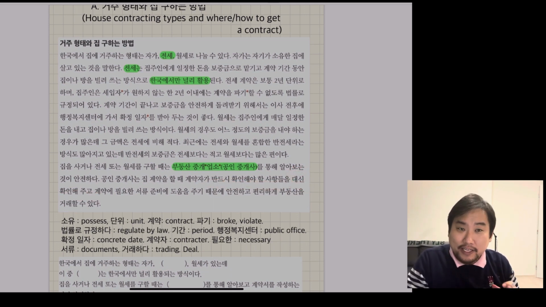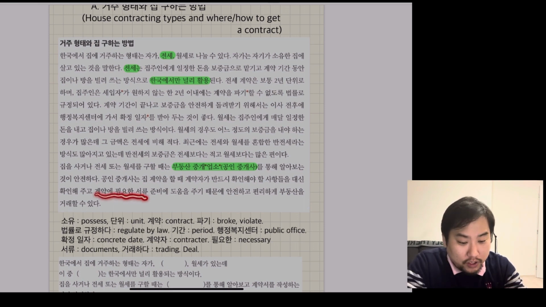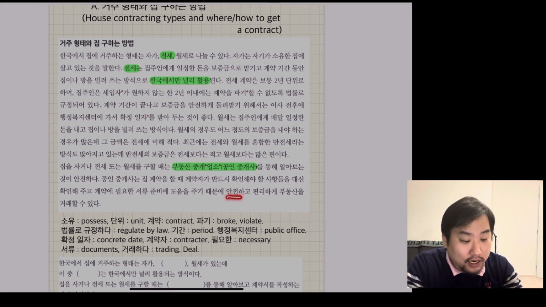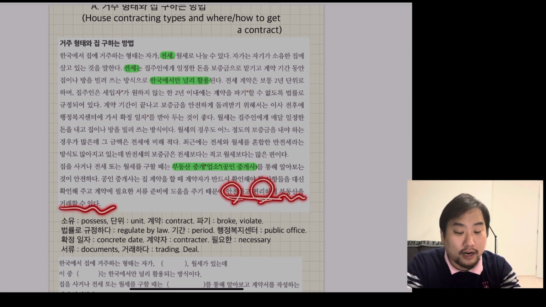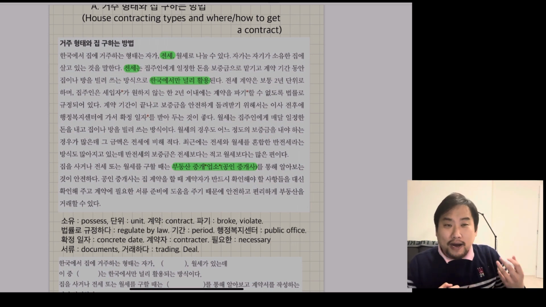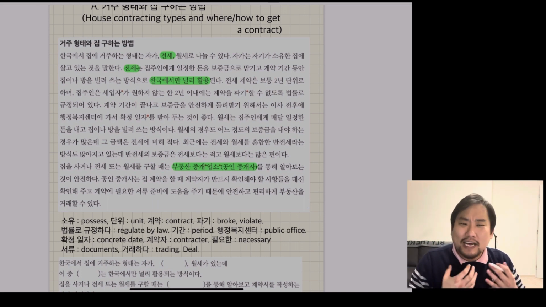So the real estate agent instead checks the compulsory important things. 계약에 필요한 서류 준비에 도움을 주기 때문에, helps to prepare the necessary documents, 안전하고 편리하게, safely and conveniently 부동산을 거래할 수 있다. You can trade the house safely and conveniently when you get help from a real estate agent. But it is not free.